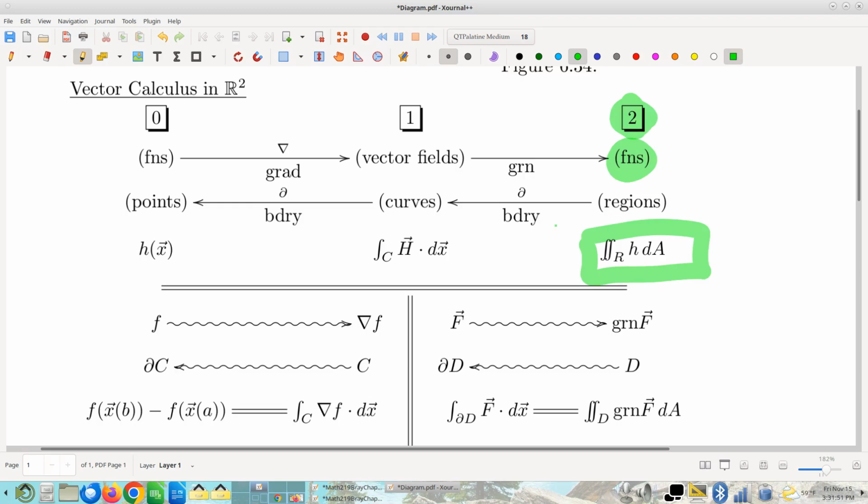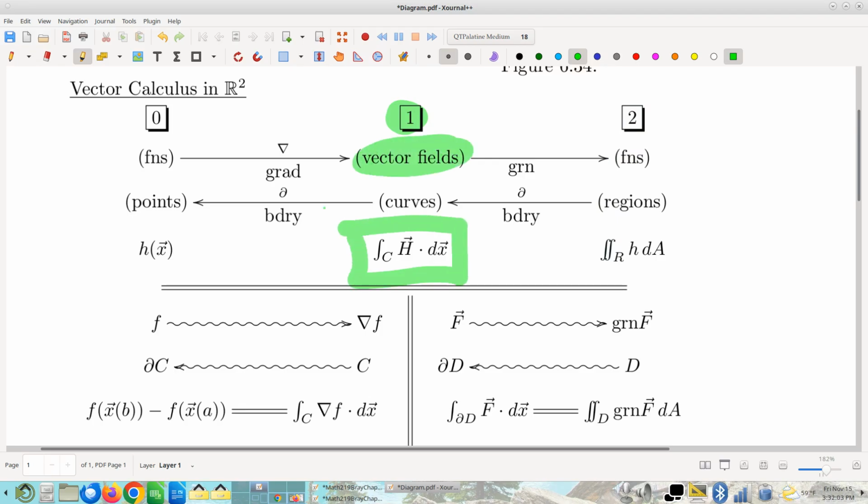And the domain for that is a two-dimensional region. Okay. If you wanted to do a one-dimensional integral of a vector field, well, that's what that would be. It's a vector line integral. That's our one-dimensional integral of a vector field. And the domain is a curve. It's an oriented curve, to be blunt. And then, okay, now the next one is a little weird.